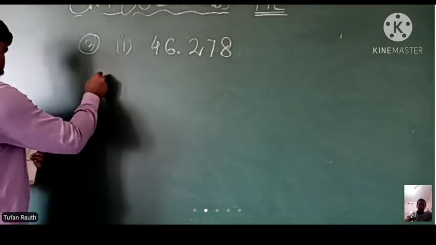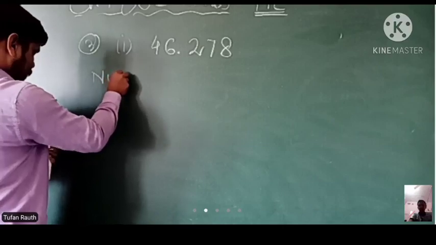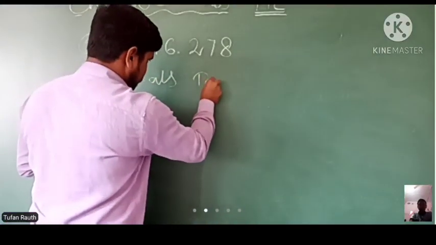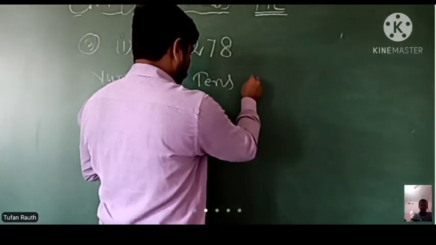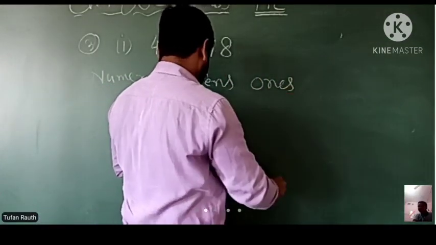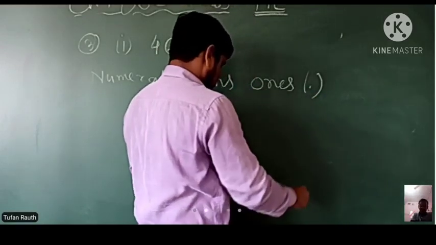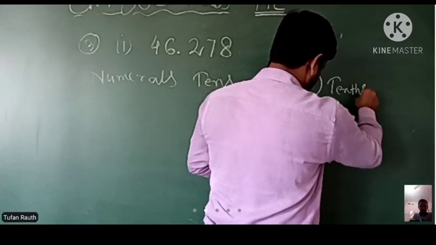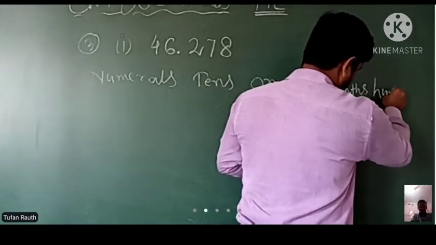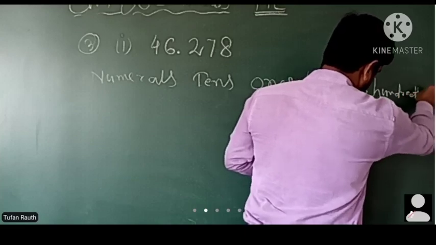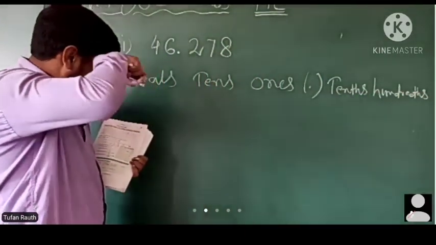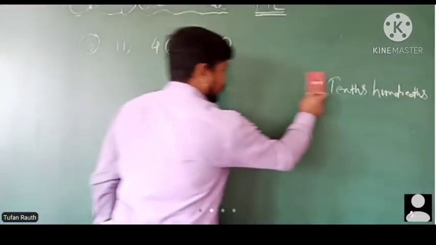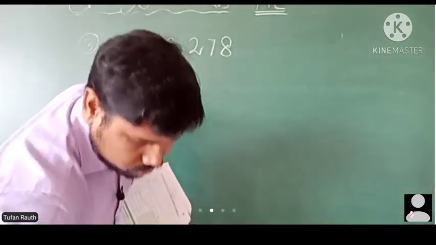Suppose these are numerals, then this will be tens, then ones, and then decimal point, and then tenths, hundredths, and thousandths. Here it is not fitting fully, so let us make it smaller and write again.